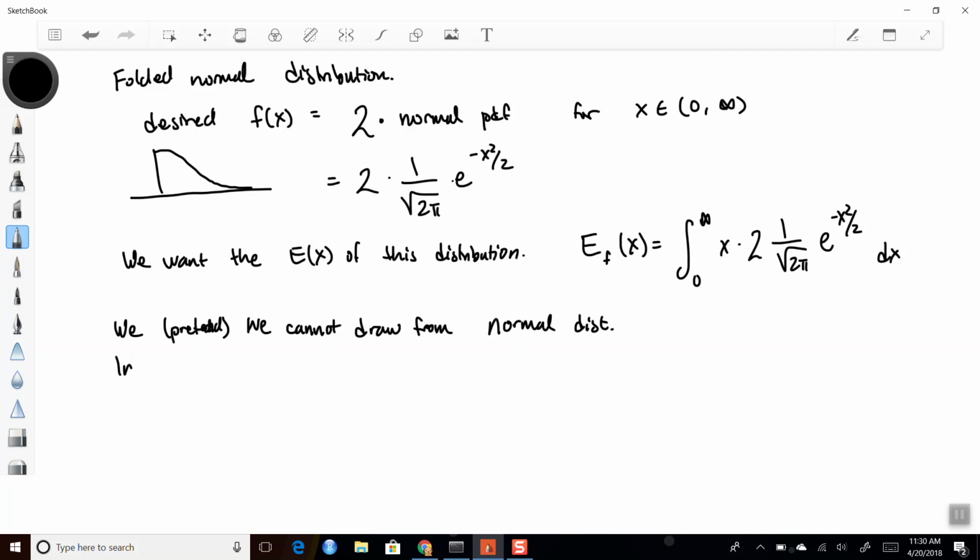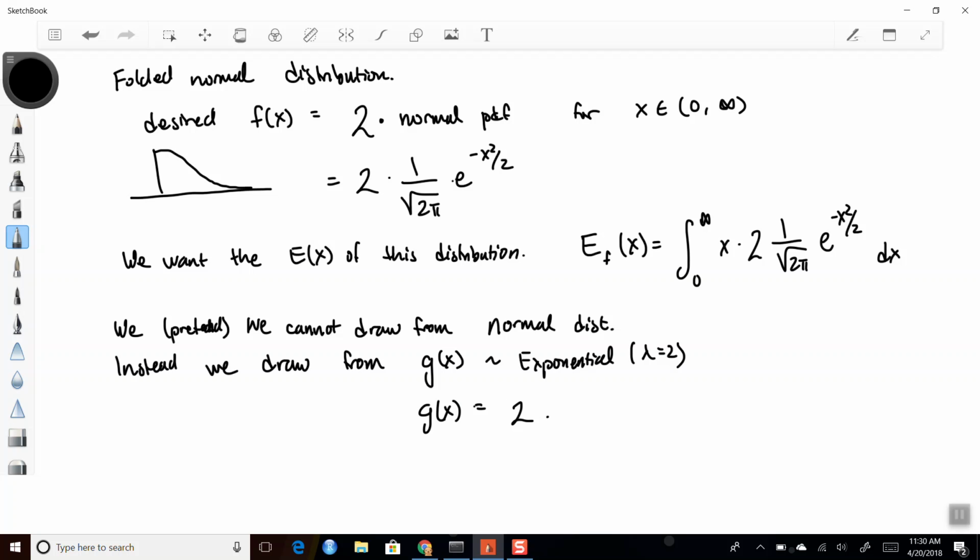So instead, we draw from g of x, which will be the exponential, and we'll use lambda equal to 2. And so g of x has the form 2 times e to the negative 2x.